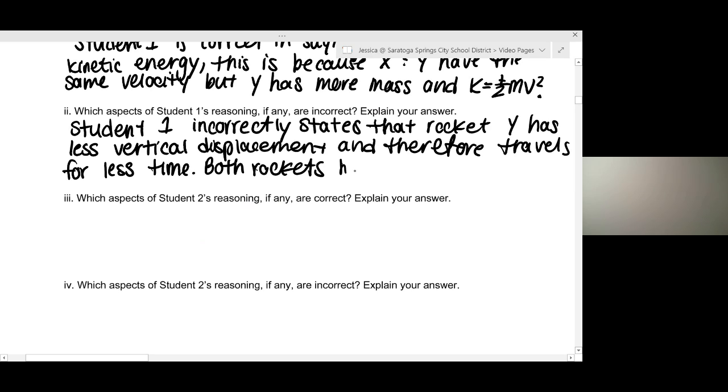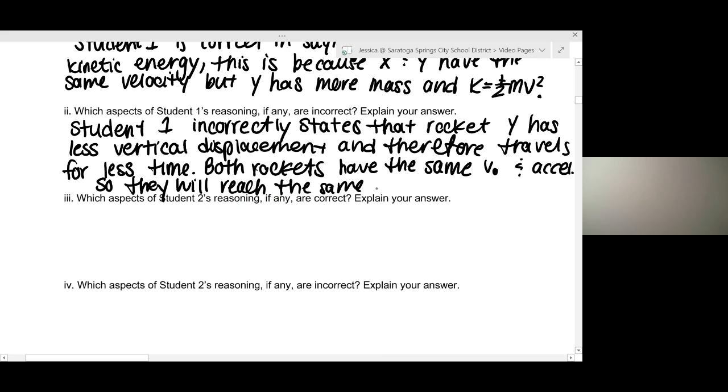We have to say something along the lines of: both rockets have the same v0 and acceleration, so they will reach the same height in the same amount of time.